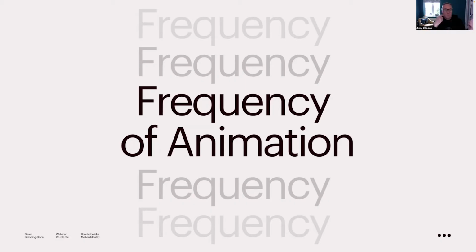And then you've got frequency based on how many times does someone interact with something. So in a navigation on a website, for example, a mega menu that drops down, you've got to determine what kind of pace that might drop down at. But if you do it in a way that it's so drawn out and laborious, and you keep going back to the navigation, you're eventually going to get frustrated with that.